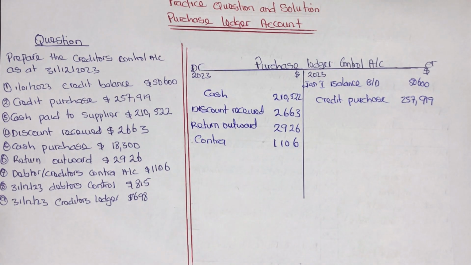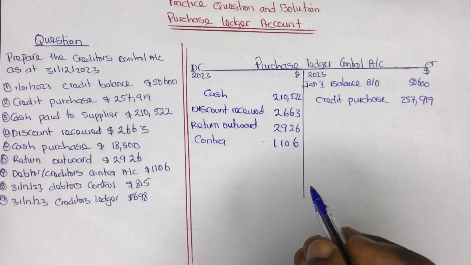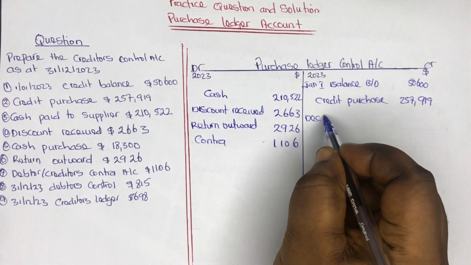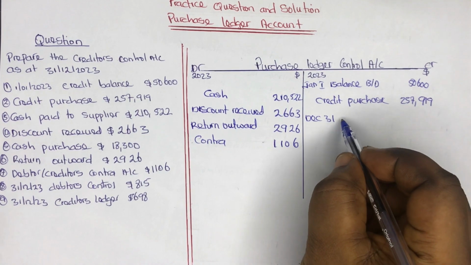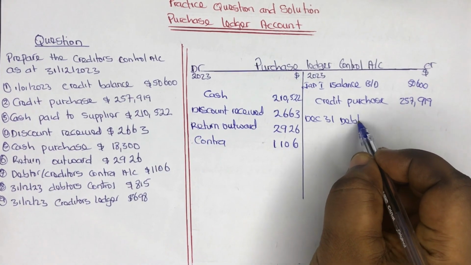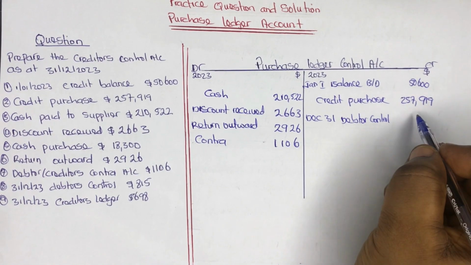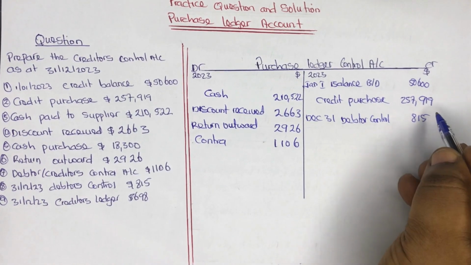So we write it on the credit side of the purchase ledger control account: December 31st, debtors control, the amount is 815.